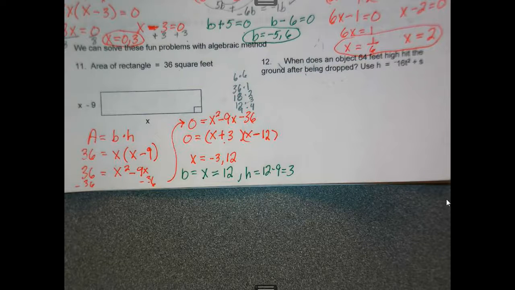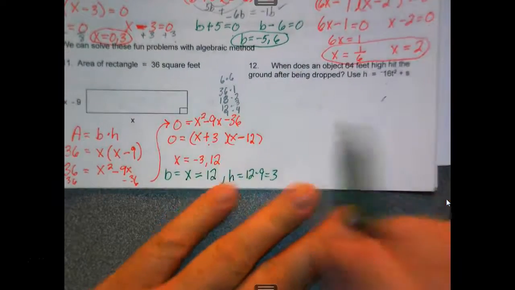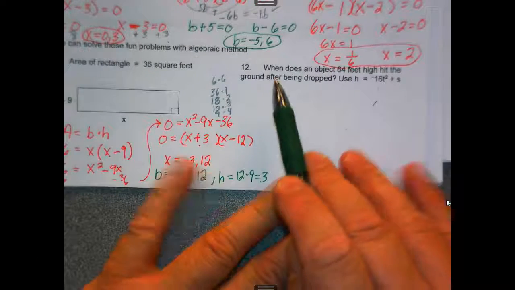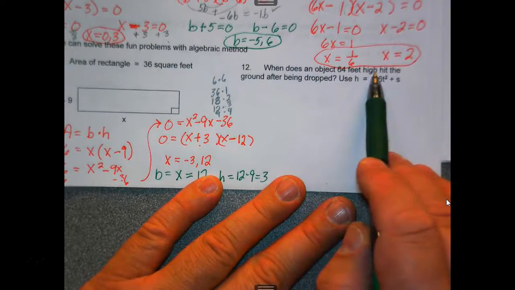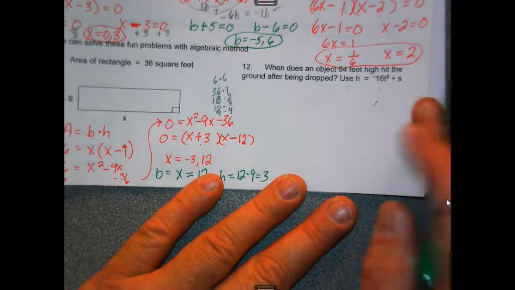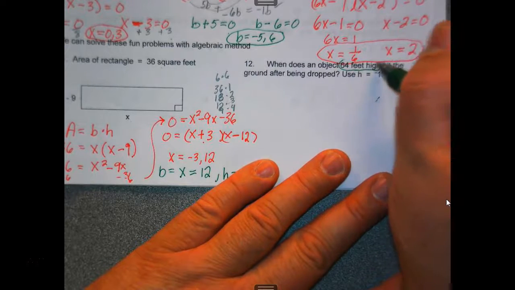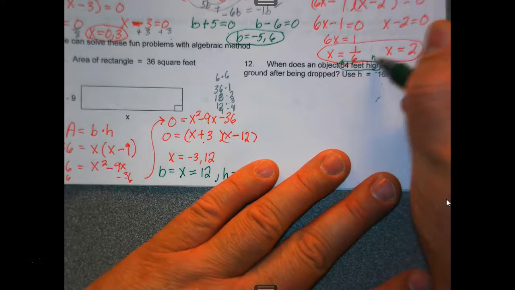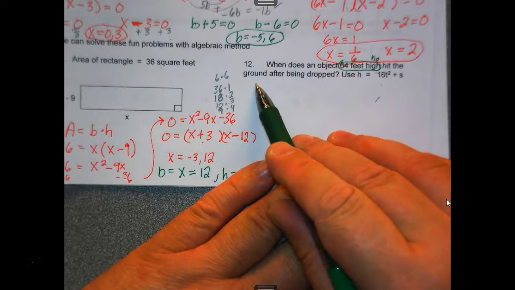Okay, my last one. When does an object 64 feet high hit the ground? By the way, what is that, 64 feet high? That's right, it's our initial height. It's our h of 0. Hit the ground, so isn't that an x-intercept?